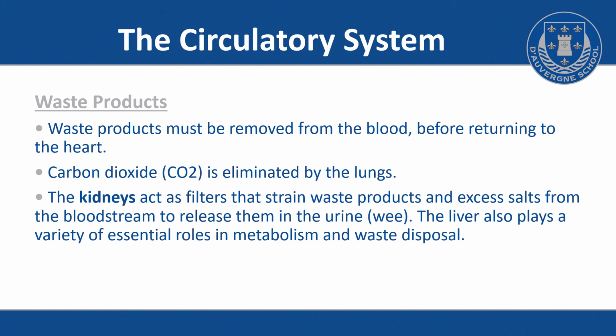Our kidneys also act as filters that strain waste products like urea and excess salts from the bloodstream to release them in the urine. So when we go for a wee, that is getting rid of those waste products. Also, the liver plays a variety of essential roles in metabolism, the sort of breaking down of food and waste disposal and getting that out of our system so it doesn't go back in the blood to the heart.